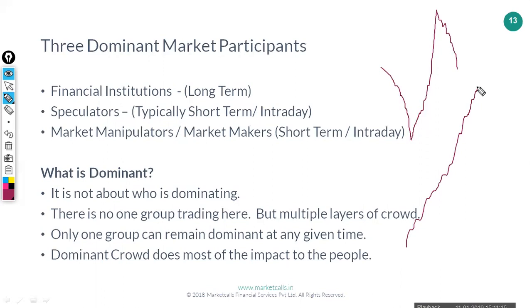At any given time, there will be aggressive buyers and aggressive sellers, but if aggressive buyers are more, they push the market up. Once they lose control, even with low volume, aggressive sellers can take control and push the market down. This is the behavior you're going to see in order flow from time to time. So a good market keeps going up as long as aggressive participants are present in the market, right?